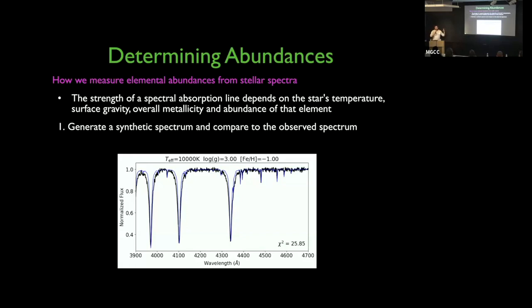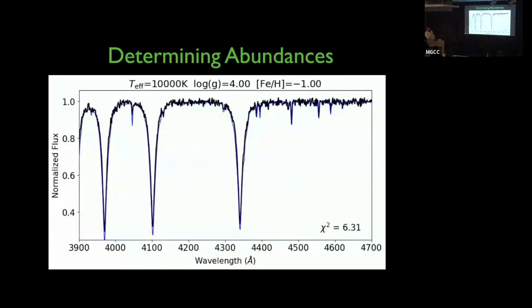We want to probe through parameter space until we find something that matches. Here's a simple toy model where it's basically trying to fit first the temperature, then the surface gravity, and finally the metallicity until it finds a good match. This is just 3 parameters, but you can also do this with different elements, magnesium, calcium, and so on.